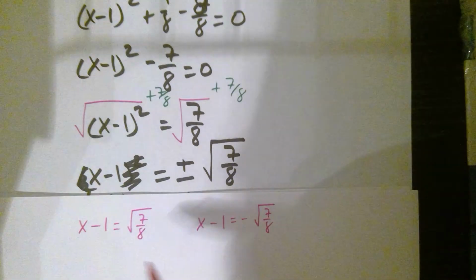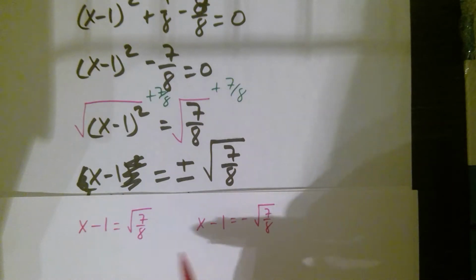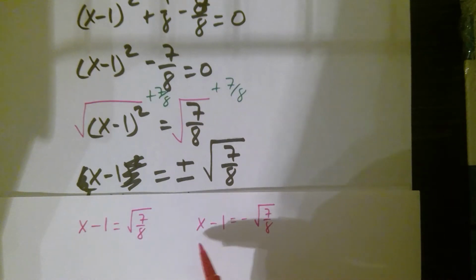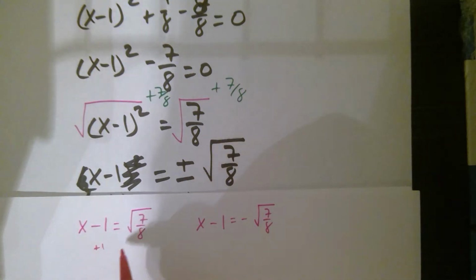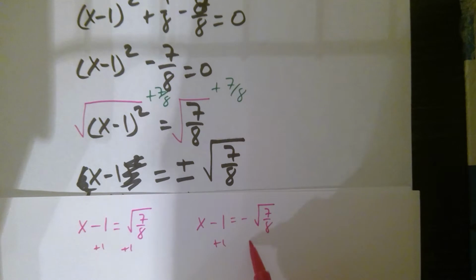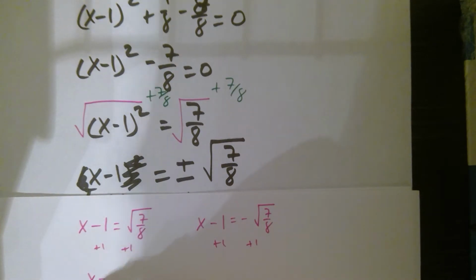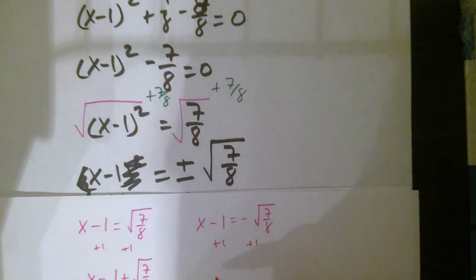So we have x minus 1 equals the positive square root of 7/8, and x minus 1 equals the negative square root of 7/8. We go ahead and solve those 2 equations. And we have x equals 1 plus the square root of 7/8, x equals 1 minus the square root of 7/8.